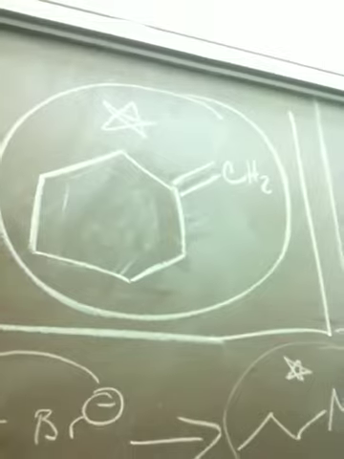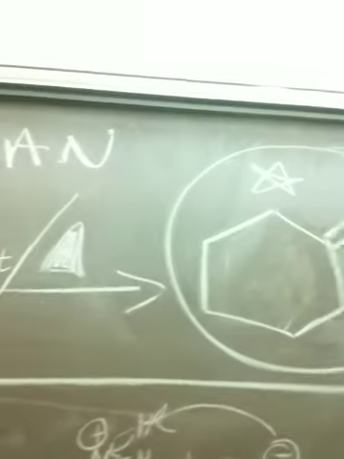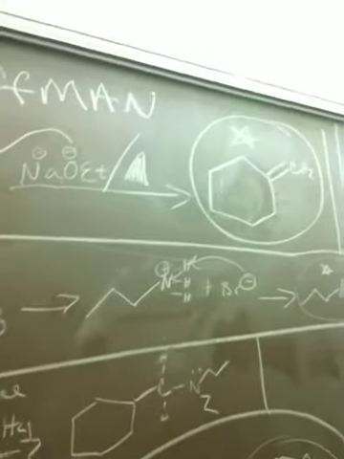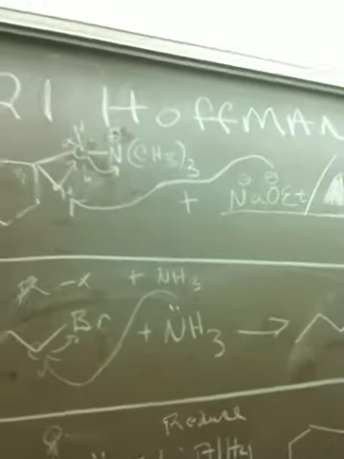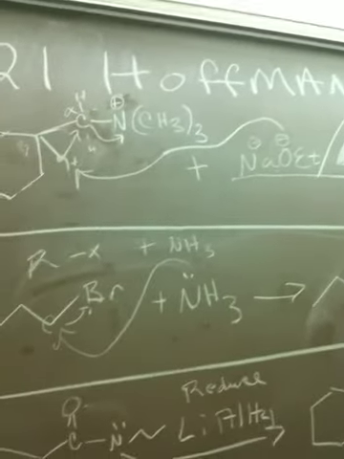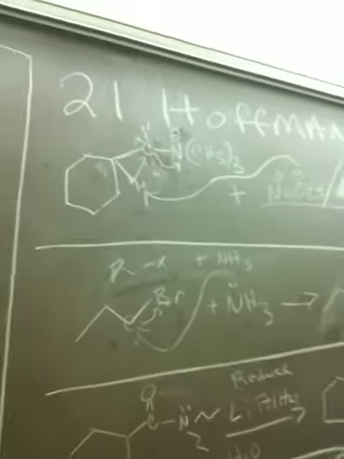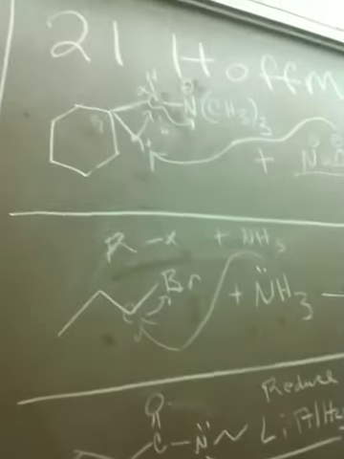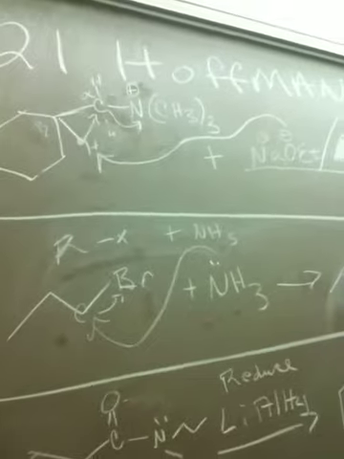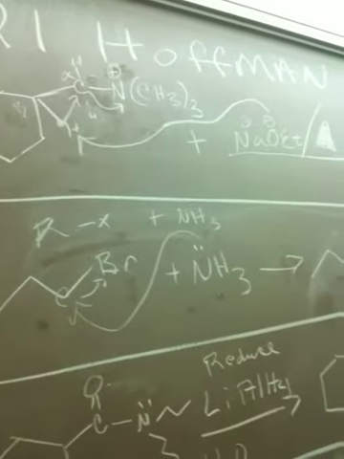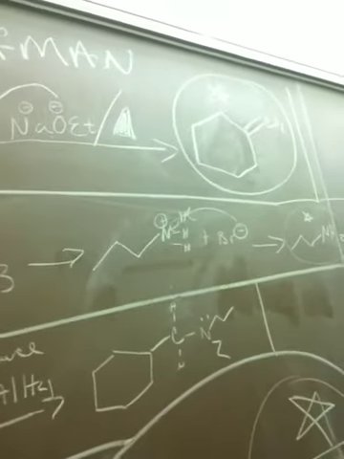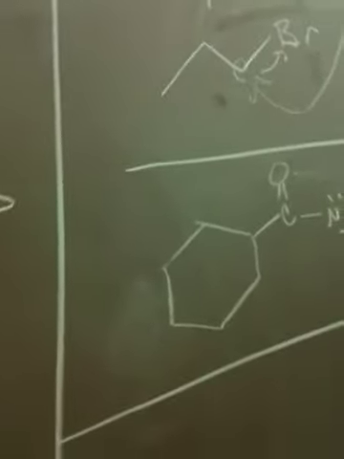This is a way to get to that. So what is that? Less substituted alkene. So that's new. So N(CH3)3 goes away with the base and heat and makes a less substituted alkene there. So that could be useful maybe in like a synthesis or something like that.